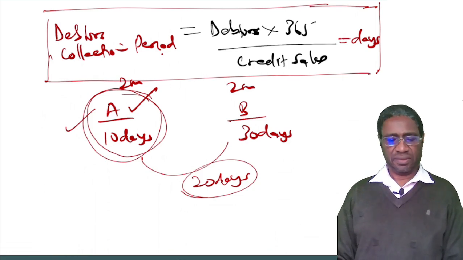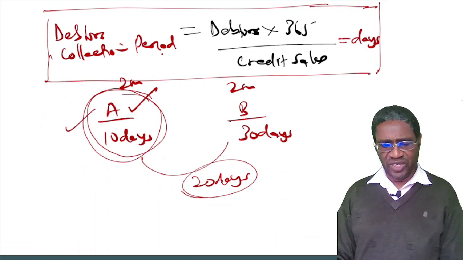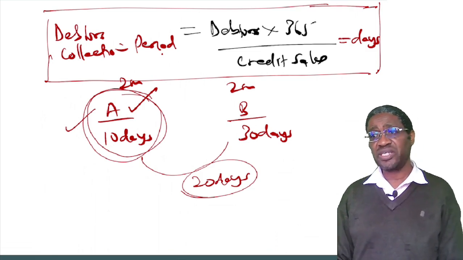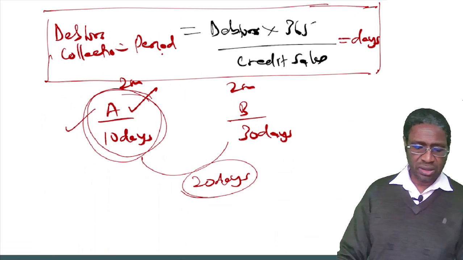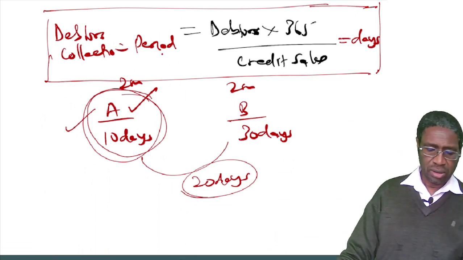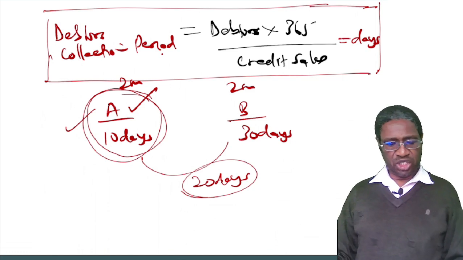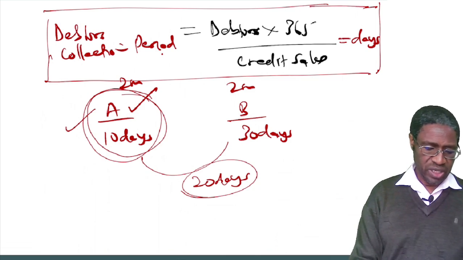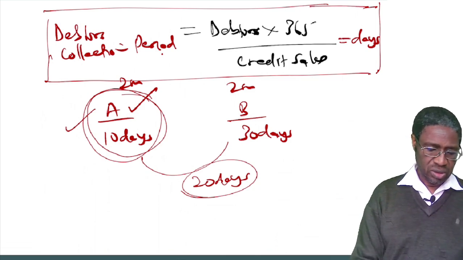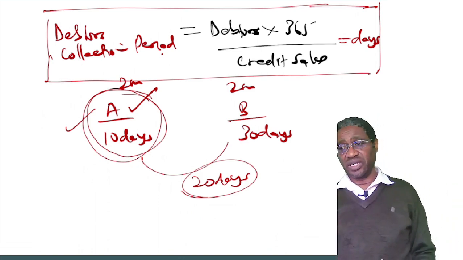Say this: This ratio indicates the number of days it takes to collect from debtors.